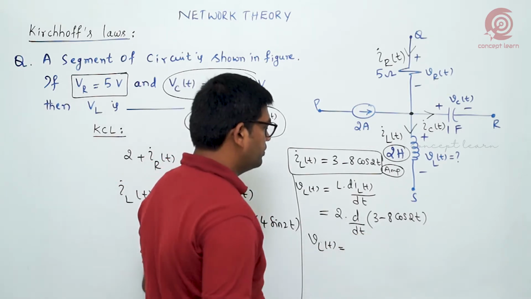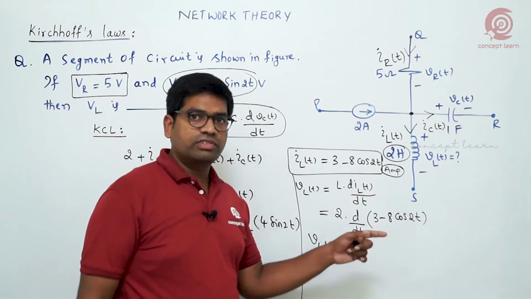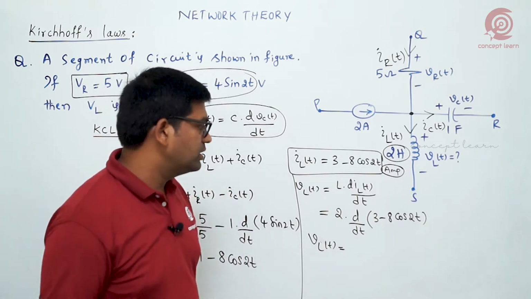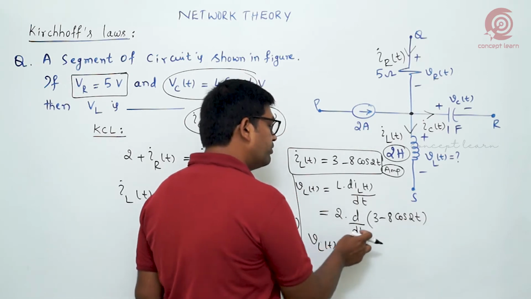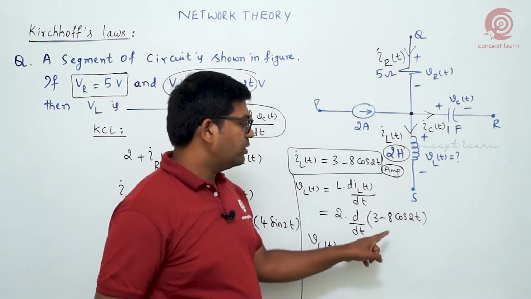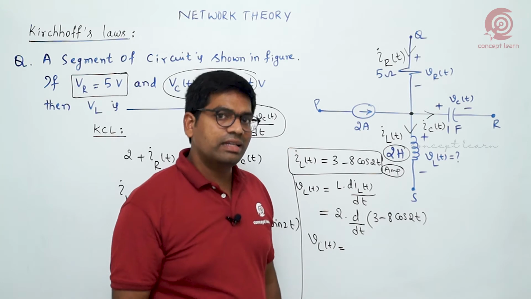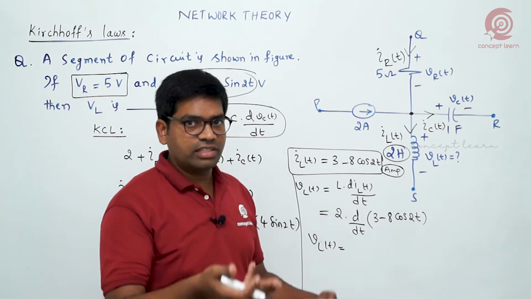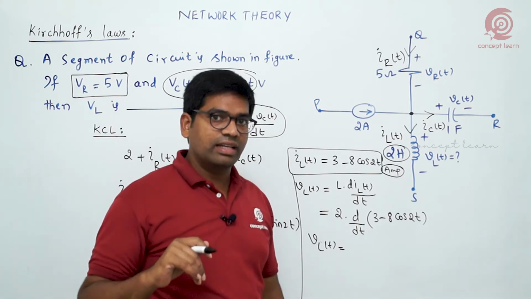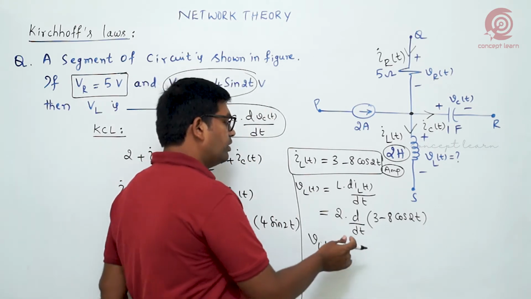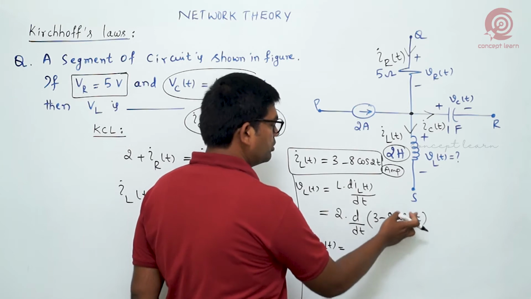2 into the differentiation of 3 is what? 0. The differentiation of a constant is 0. Minus 8 cos 2t. You are doing it with respect to time. Again cosine becomes what? Minus sine. The differentiation of sine is cosine only, but the differentiation of cosine is what? Minus sine 2t, but you are doing it with respect to t, so 2 also will come into the picture.